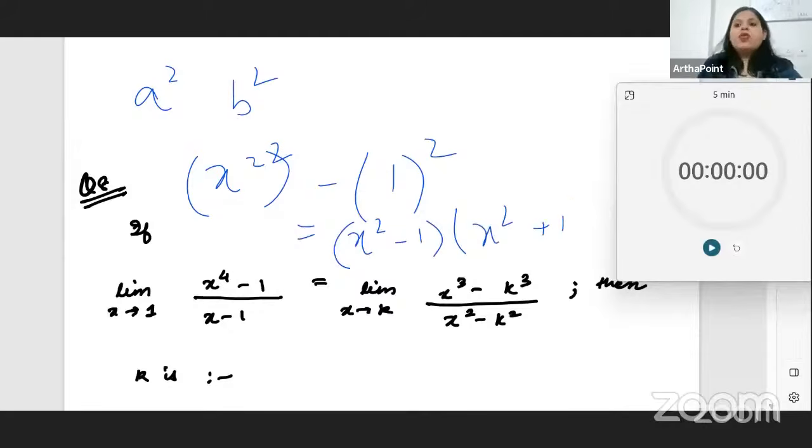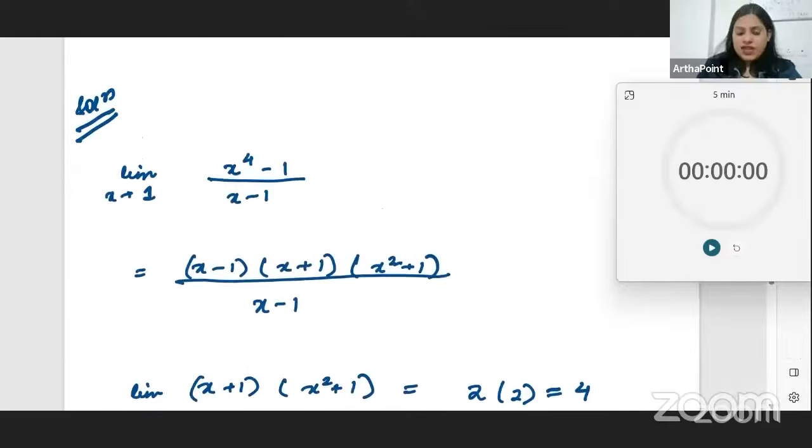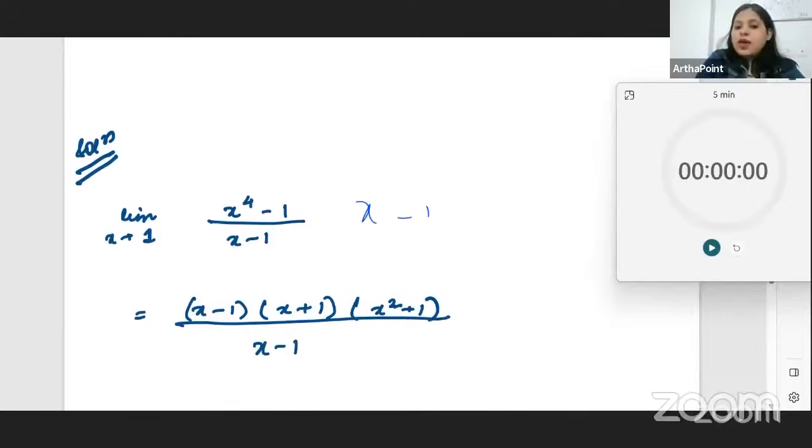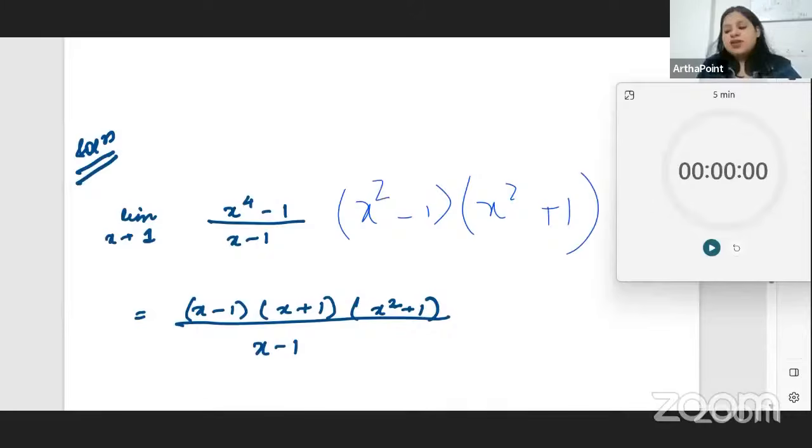Again, I can open x square minus 1 in the similar a square minus b square format. So on the left-hand side, x to the power 4 minus 1 can be written as (x square minus 1)(x square plus 1), and then x square minus 1 becomes (x minus 1)(x plus 1).